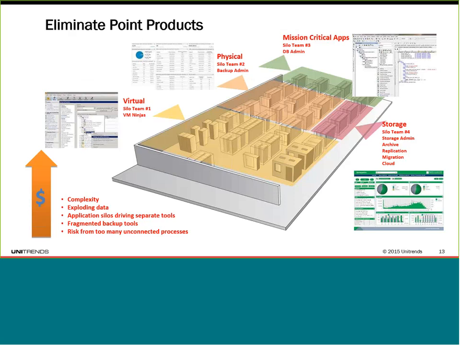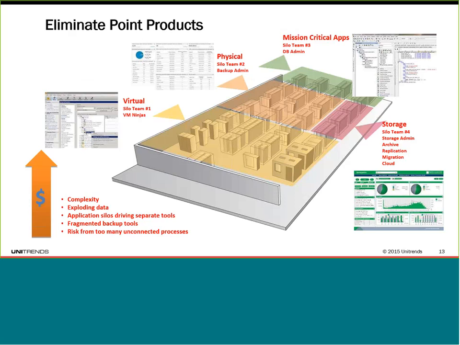When I talk about eliminating point products, this is kind of an exploded view of what could be a typical enterprise, where you have virtual backup and management, you have physical assets, right? Your ERP applications and certain mission critical applications are still running on physical servers because they need more performance, or they just haven't been virtualized yet, or they just need the assets of a physical environment.